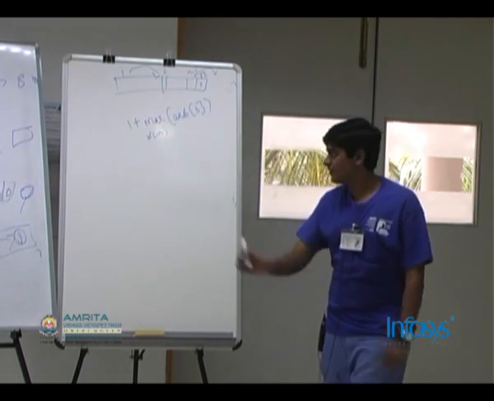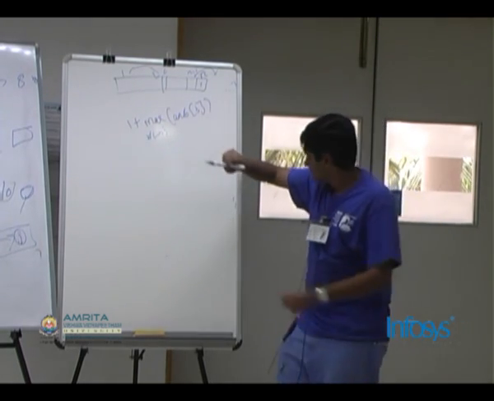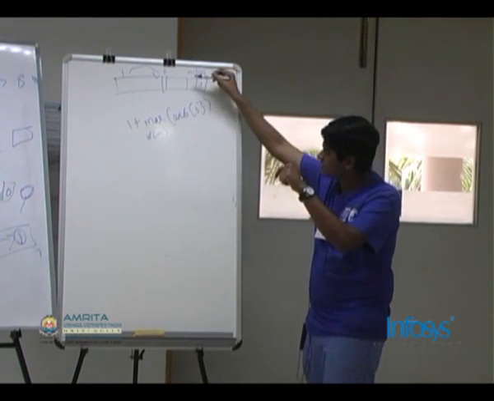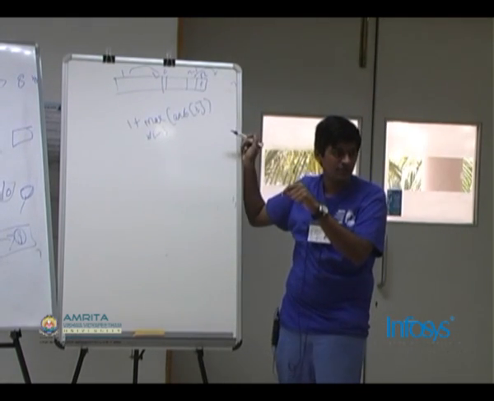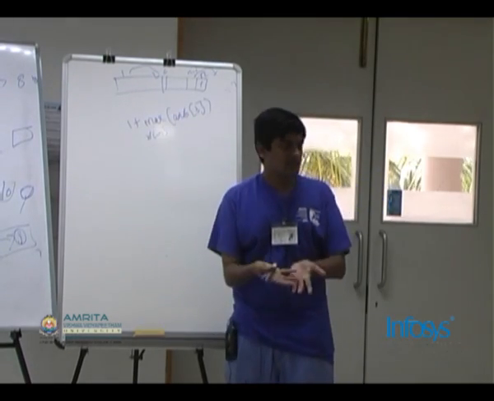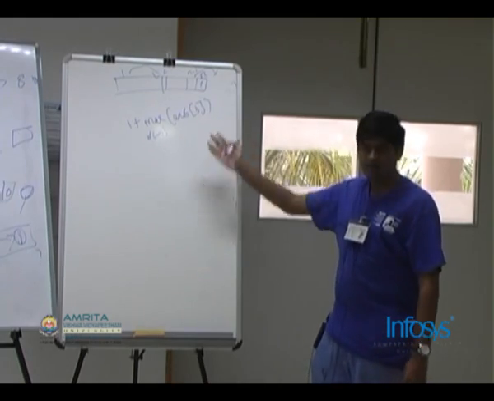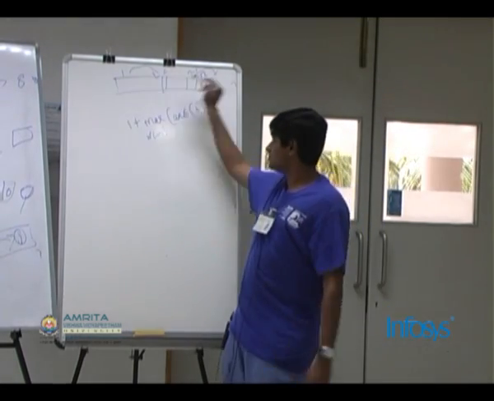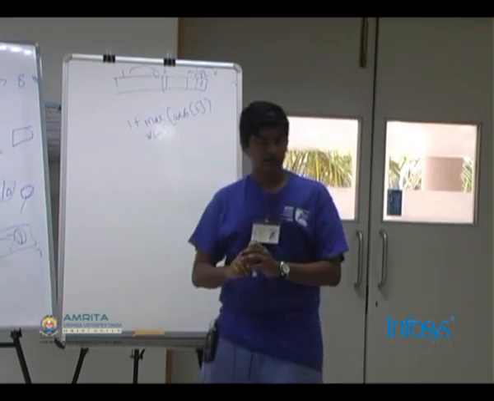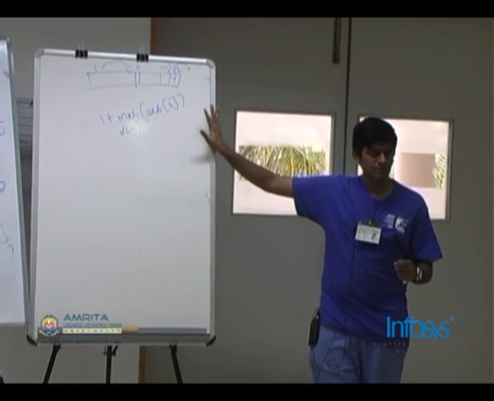So if there is an edge between i and j, take the maximum of all the answers of j to which i has an edge, and that will be 1 plus, because you will enclose this also within them. So 1 plus max of ans of j, and the final answer will be the maximum element in this array. Correct? Given the topological sorted order, you know how to solve the problem.